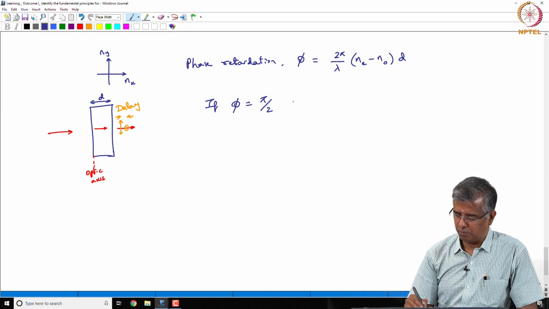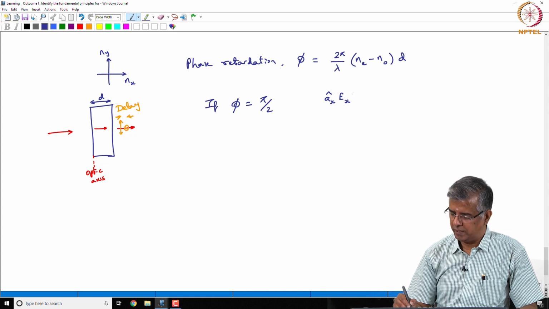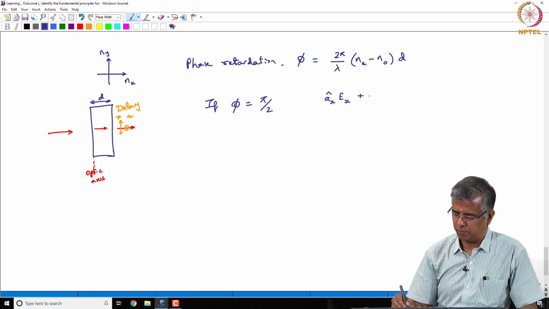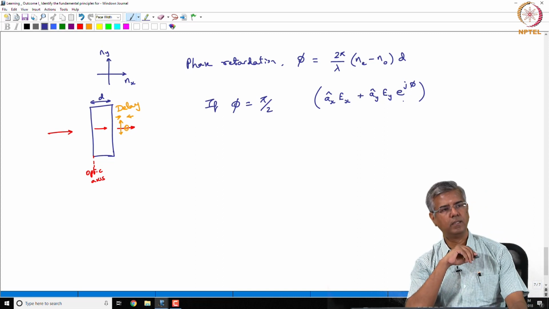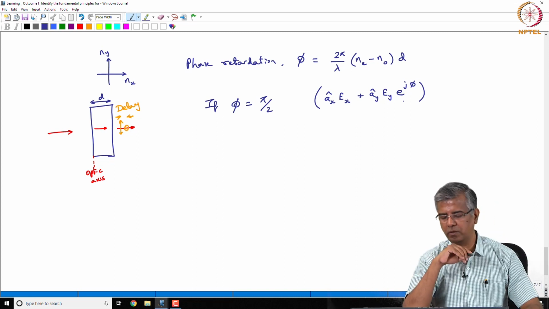If phi equals pi by 2, then what happens to the polarization that is going through? We talked about representing it as Ax Ex plus Ay Ey e power j phi. That is the general description of the wave.